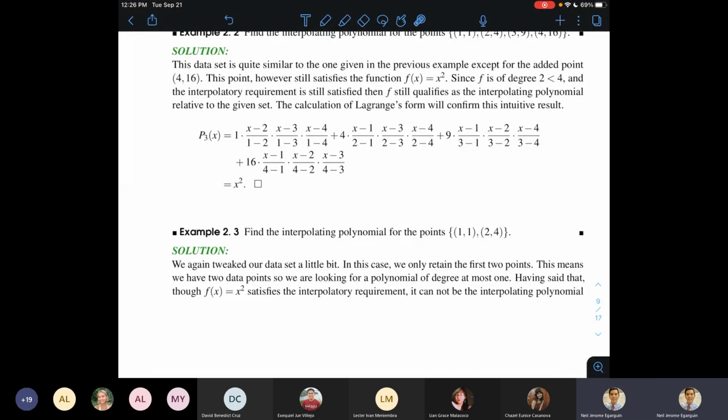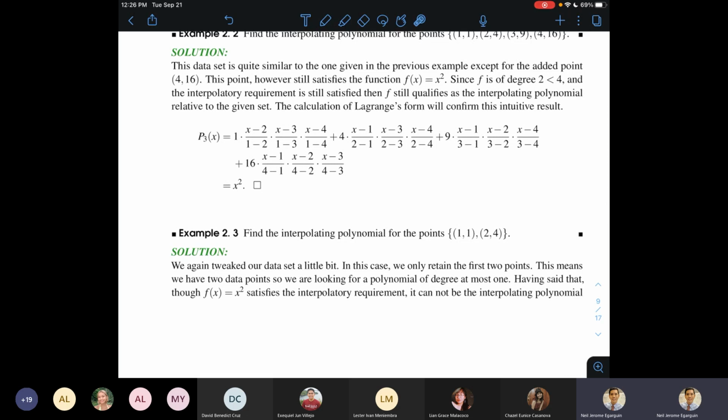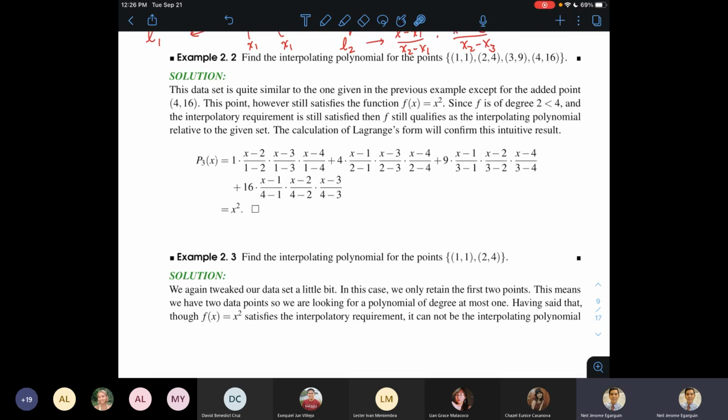So in this particular case, you will see in example 2, we have how many points? We have 4 data points. So we are expecting a polynomial of degree 3. All right, but you will see that the answer is a polynomial of degree 2. Just to illustrate the fact that hindi laging nakukuha yung eksaktong expected maximum degree.